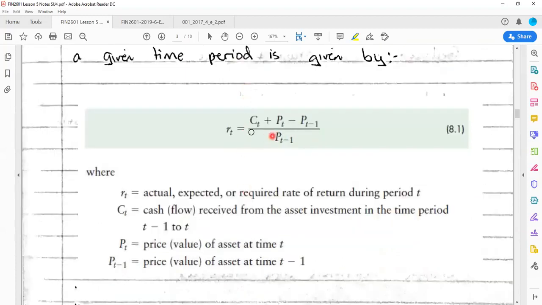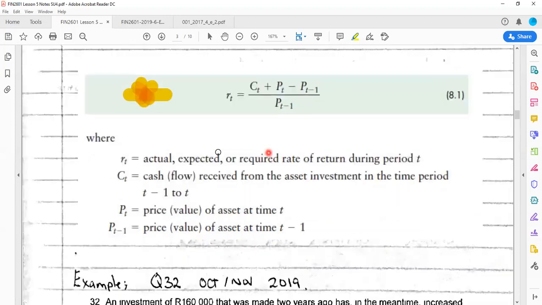And to determine the rate of return earned by any asset over a given time period, we use the following formula. It's an important one, it comes a lot in exams, where RT is the actual expected or required rate of return during the period. So this is the rate of return we'll be calculating. We can call it an expected rate of return, an actual rate of return, or required rate of return.